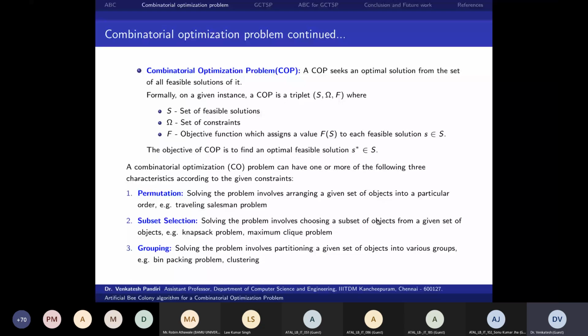And classification or bin packing or clustering, those are called grouping problems, because solving those problems requires partitioning the given set of objects into various groups. Suppose you are clustering some data, so it can be divided into 4 clusters, let us say. We need to partition the whole set of objects into clusters.